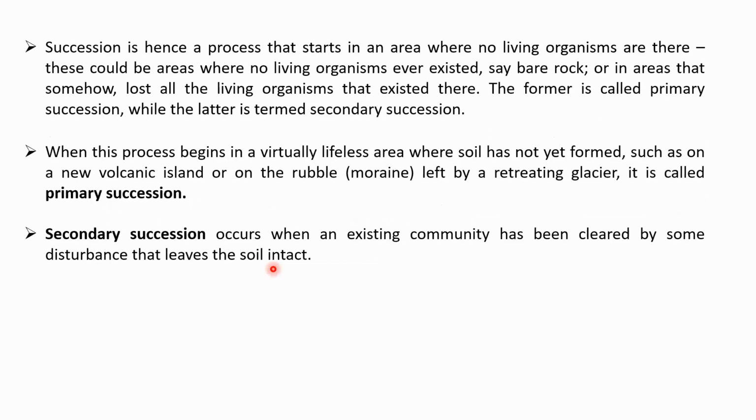So we can say that succession is a process that starts in an area where no living organisms are there, or where the organisms that were residing earlier are gone and it's now a barren land due to some disturbance like volcanic eruptions, etc. These could be areas where no living organisms ever existed, say bare rock, or areas that somehow lost all the living organisms that existed there.